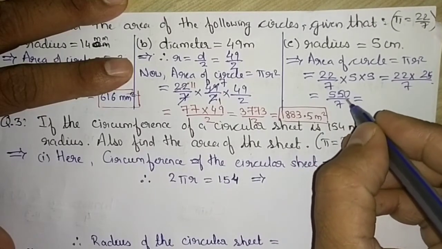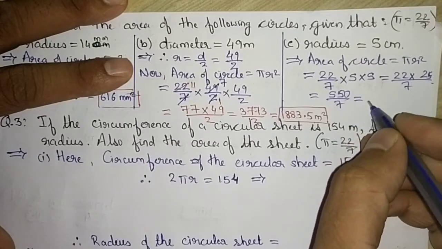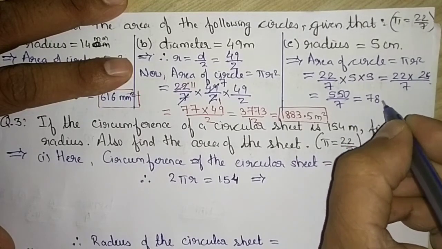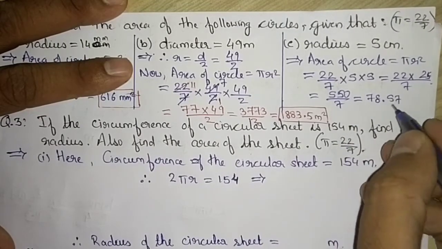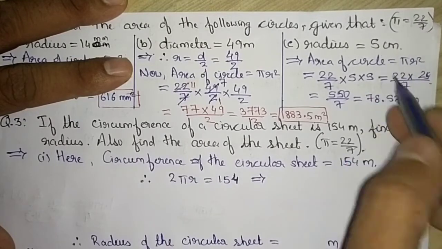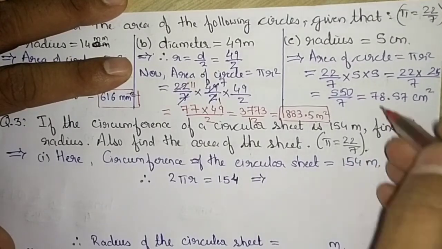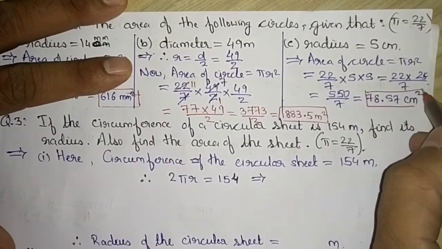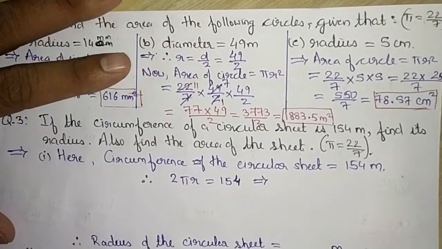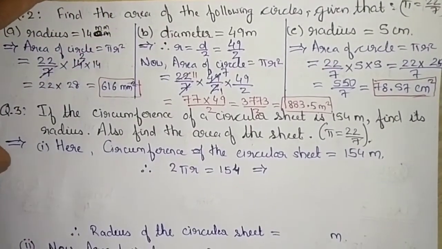On dividing 550 by 7, you will get 78.57 centimeter square. Because it was centimeter, so area will be centimeter square. Hope you are understanding.